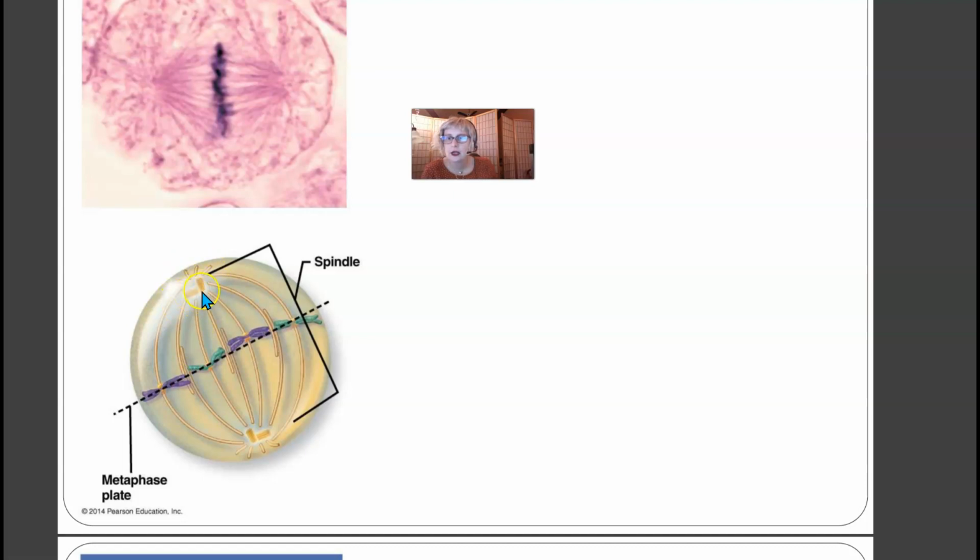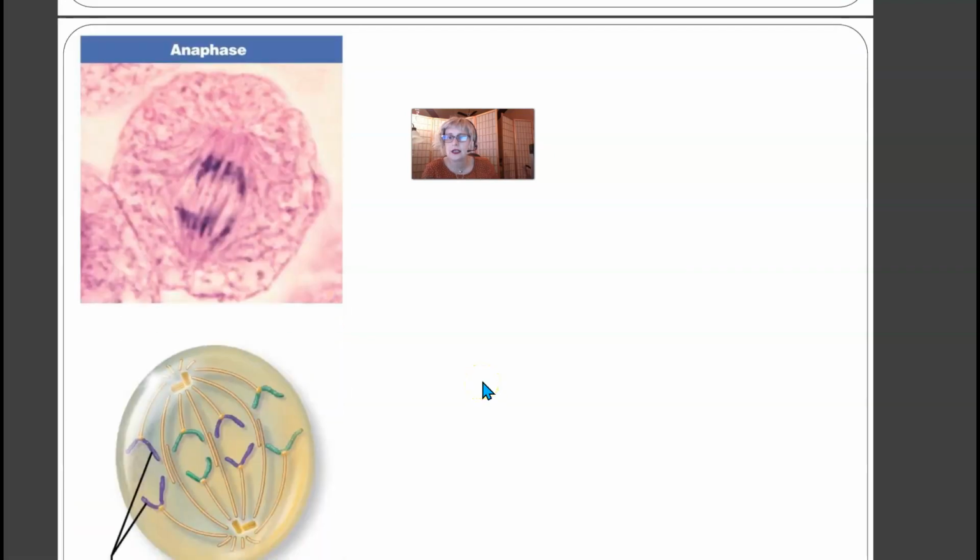Okay, next is anaphase. Ana gets a divorce. When you get a divorce, you go to opposite sides of the house. So this is what's happening. The chromosomes are being pulled by the spindle, and the chromosomes go to opposite polar ends of the cell. And what do you see here?